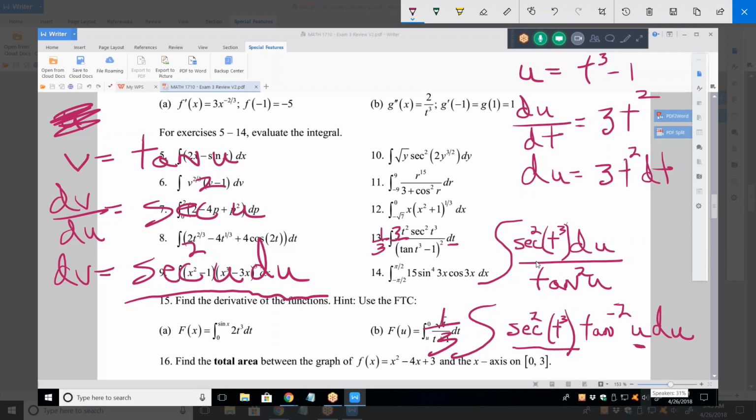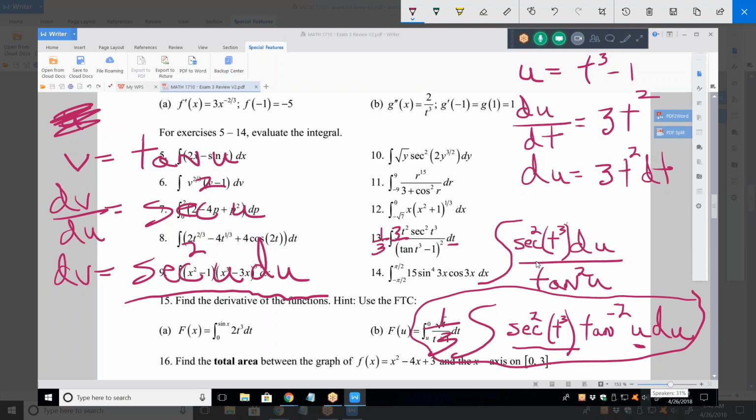Question is, boy, they made this doubly tough. Yeah, if you made u t cubed minus 1, wouldn't you have to make v tan u minus 1? Well, except, or can you not do that?